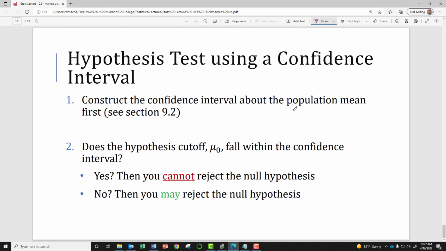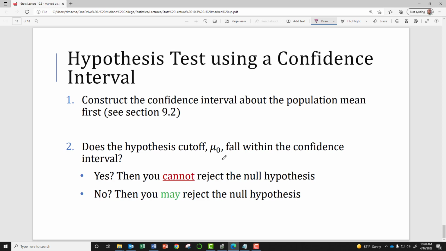Number one, to check my work and make sure that I accept or reject the null hypothesis the same way in both methods, right? Because I can't have those disagree. And number two, that way I would have both my p-value, my confidence, and a confidence interval, because both of those are nice to know.